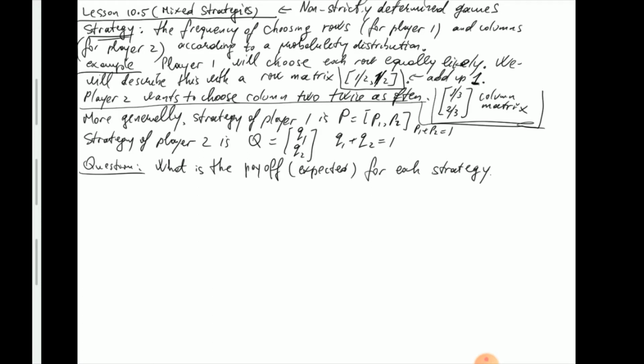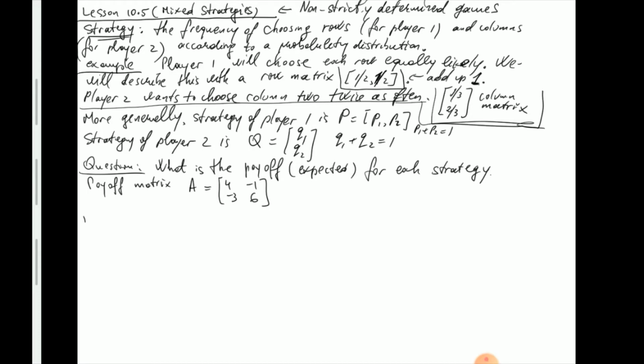And we illustrate this with an example. So suppose the payoff matrix A is given by the entries 4, -1, -3, and 6. Okay, so let's talk about player 1 first, right?